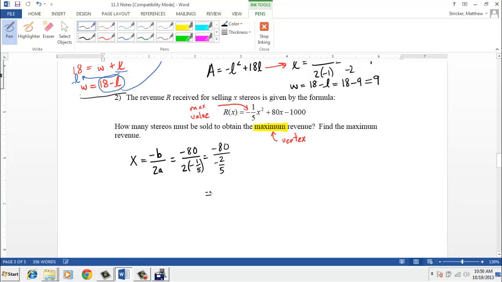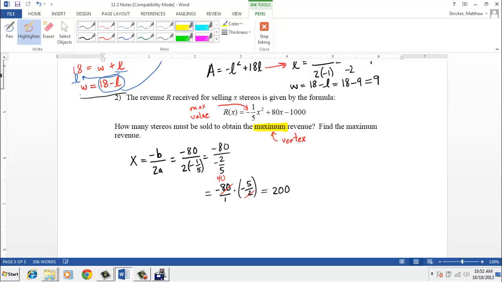Instead of dividing by negative 2/5, let's take negative 80 times the reciprocal, negative 5 over 2. Of course, 2 goes into 80 40 times. A negative times a negative is a positive. 40 times 5 is 200.